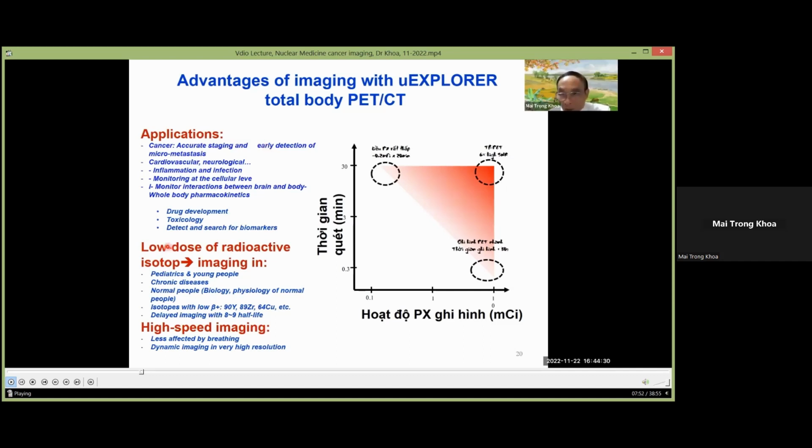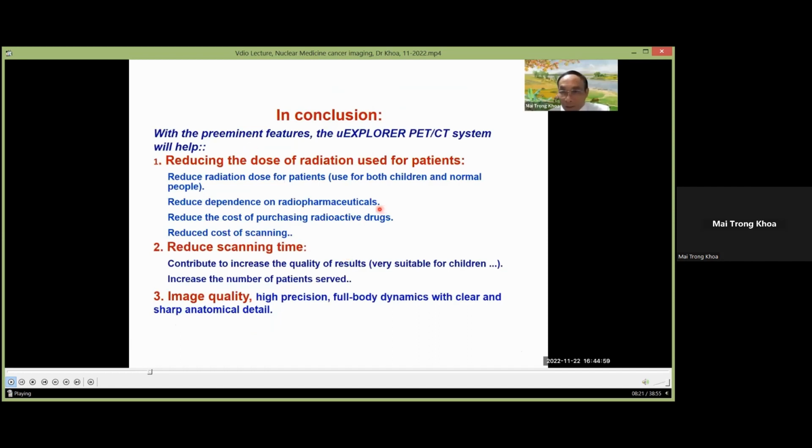And secondly, imaging with a very low radiation dose, so it is suitable for children and young people as well as normal people. Third, imaging with high speed, very short time, but with very high resolution and good image quality. And this slide shows more clearly what we just discussed.